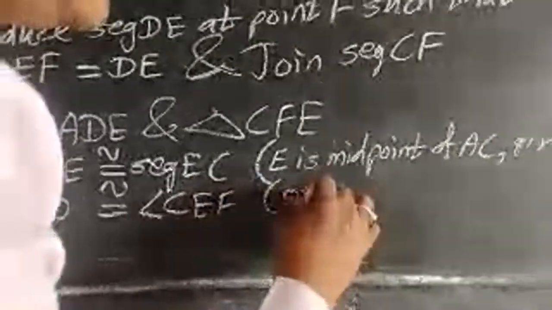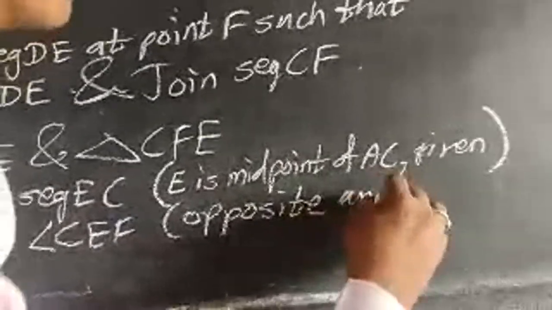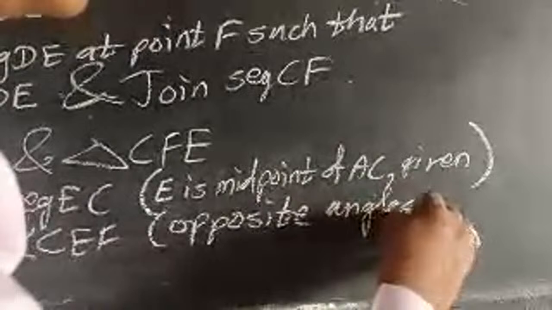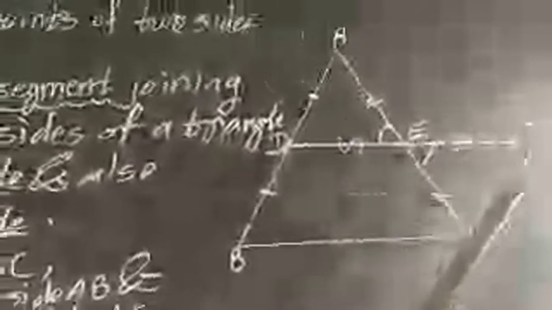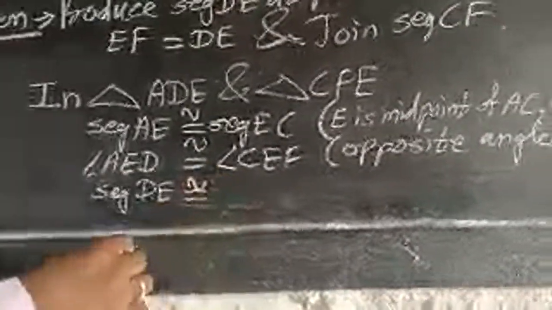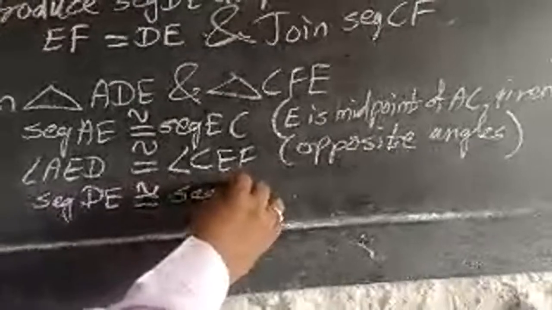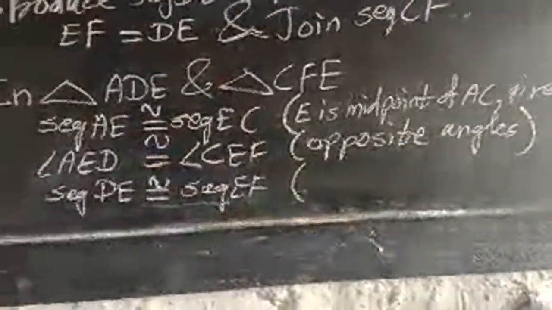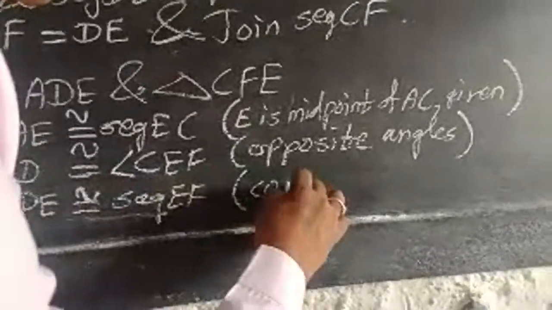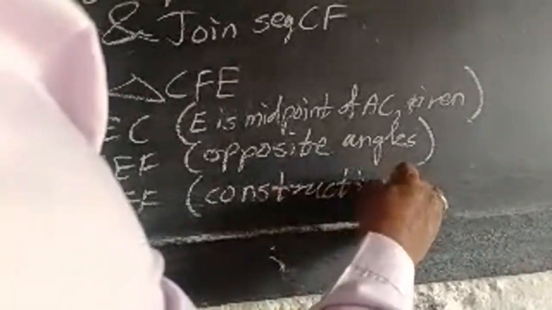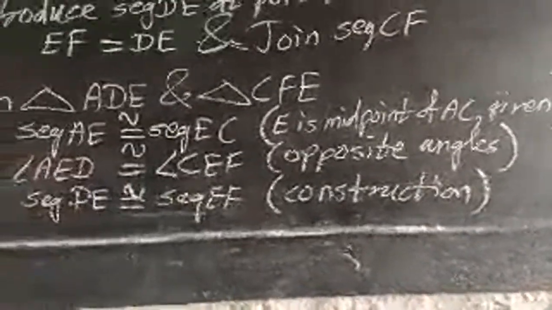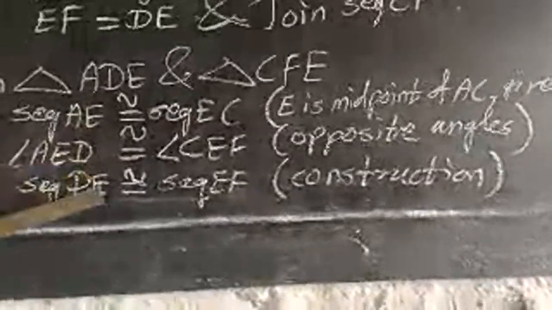Third condition: segment DE congruent to segment EF, and the reason is construction. In construction, we took them equal. Three conditions we get here.